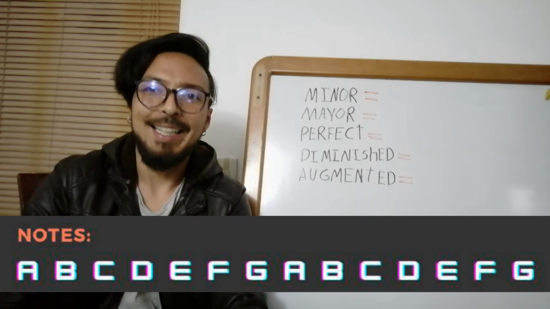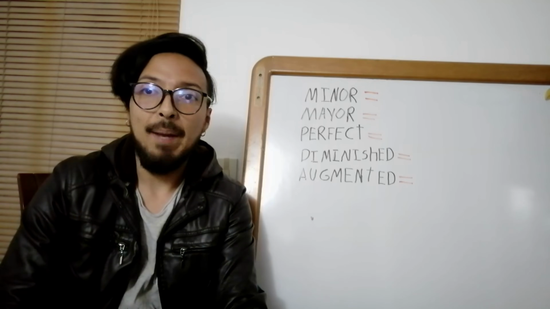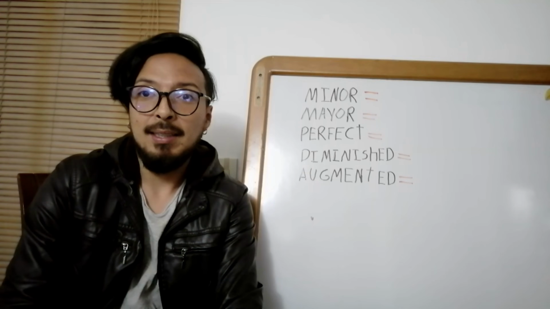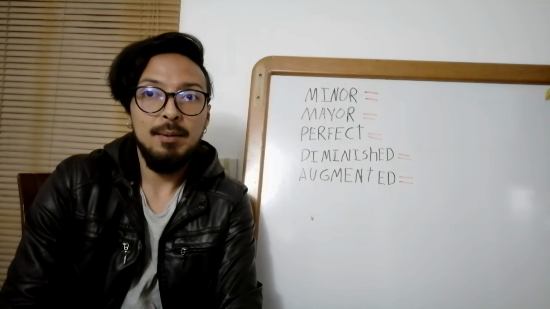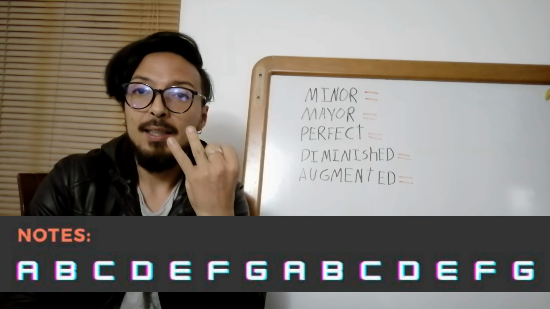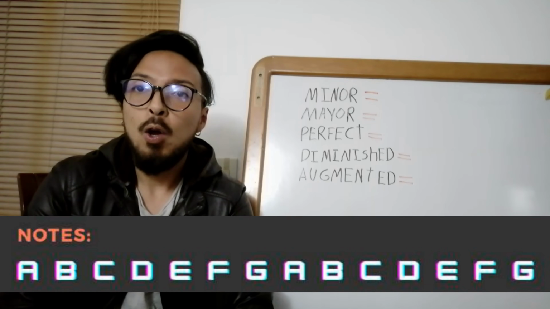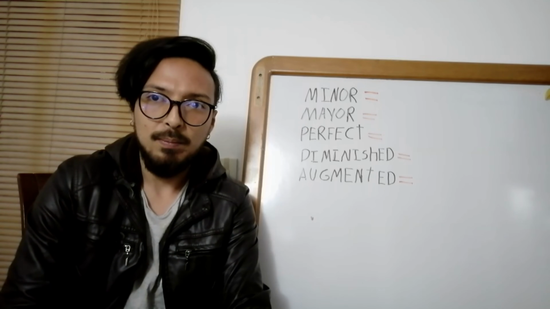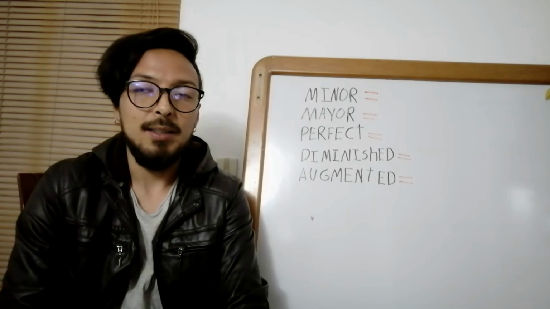We count letters. So basically, what's the distance between A and D? A, B, C, D. We have the number of the interval. Today we are going to learn the quality.